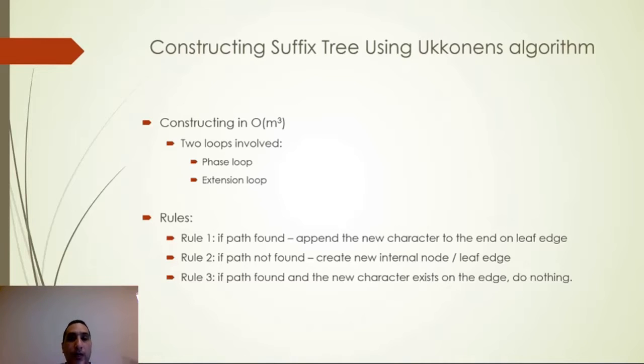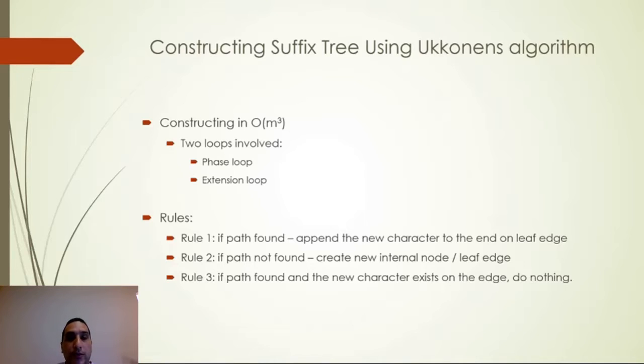There are also three rules that we'll use in this method, which we'll be using in Ukkonen's algorithm as well. The first rule is to add a new character, S of i plus 1, if the path in the tree for the characters S of j to i exists.